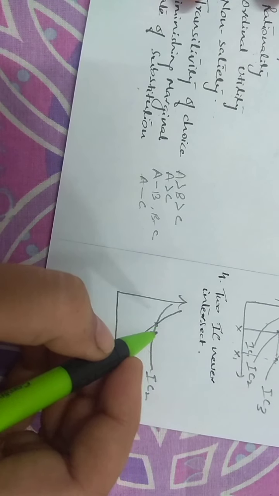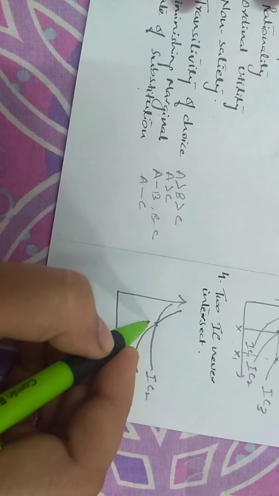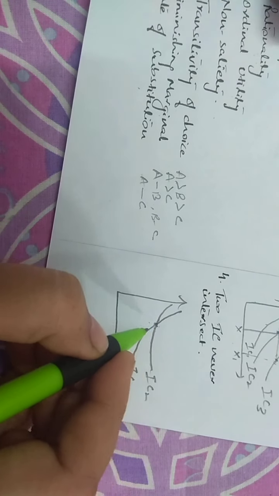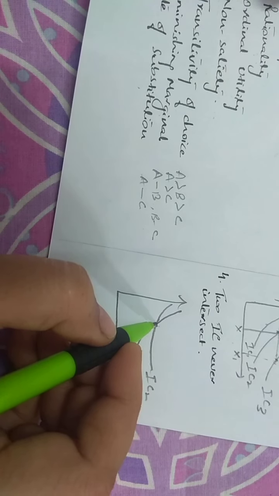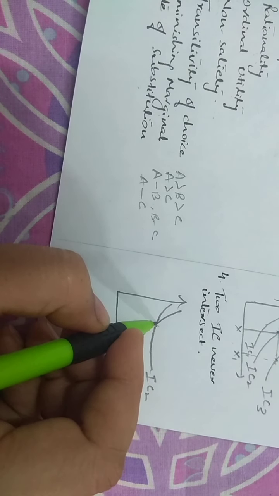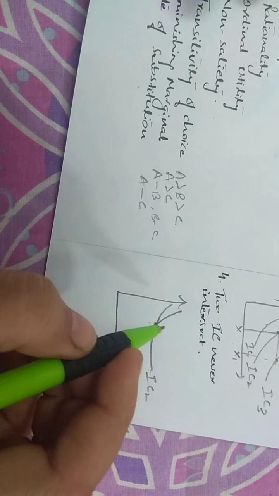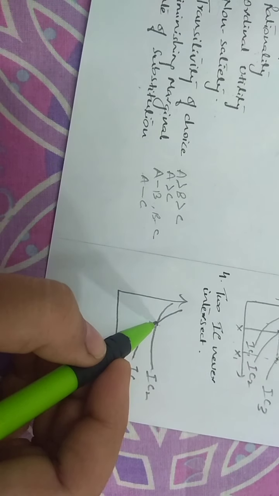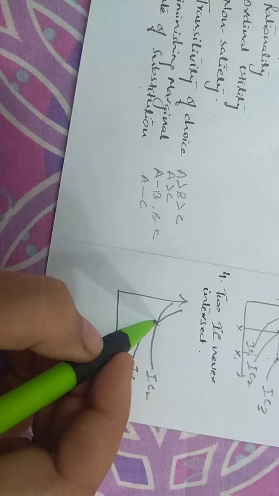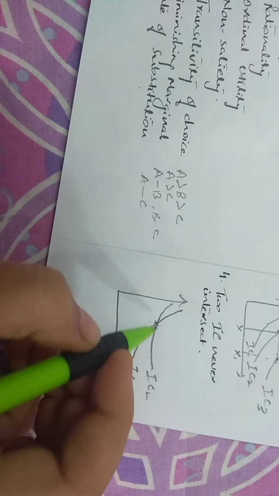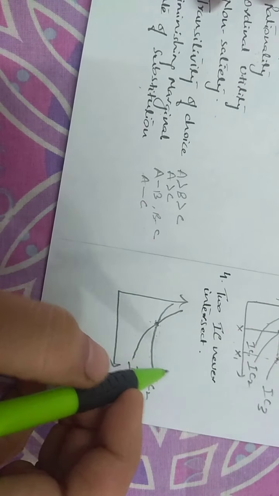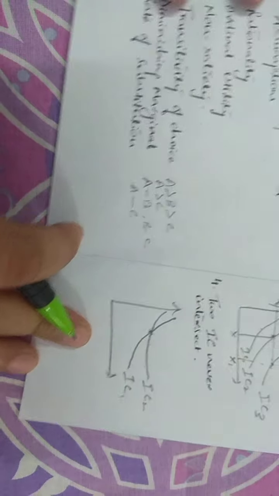Point of intersection is showing that both the curves have the same level of satisfaction, which is not possible. So this is absurd, and that is why two indifference curves can never intersect. So when you're writing the answer for this particular point, you'll write: the meeting point of two IC curves shows that the satisfaction derived at this point is equal, which is not possible, and hence two IC curves can never intersect. So this is how you are supposed to write the answer.